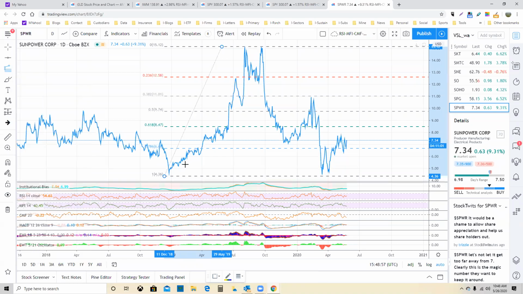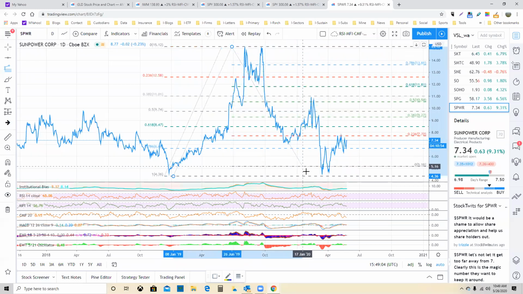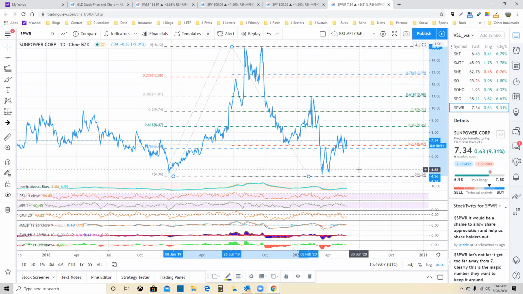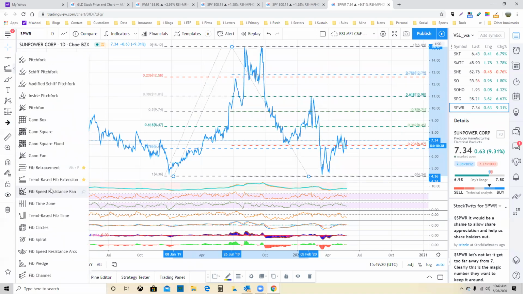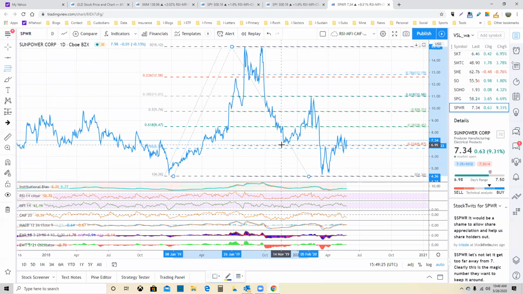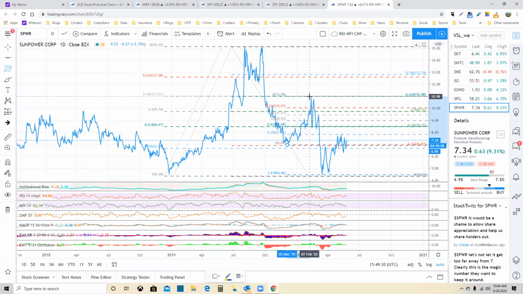Doesn't look like there's a whole lot of... yeah, this area right here. I mean, unless something really bad happens, seems to be pretty good floor there, right? Try another retrace. So let's go to this low here. All right.